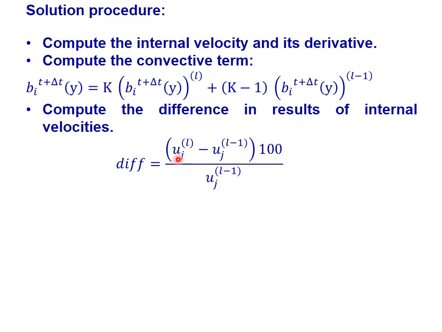Then we'll compute the difference between the velocity at the current step and the previous step of the nonlinear term. If the prescribed tolerance is obtained, then we will move to the next time step. If the tolerance is not obtained, we will loop another time on the convective term.